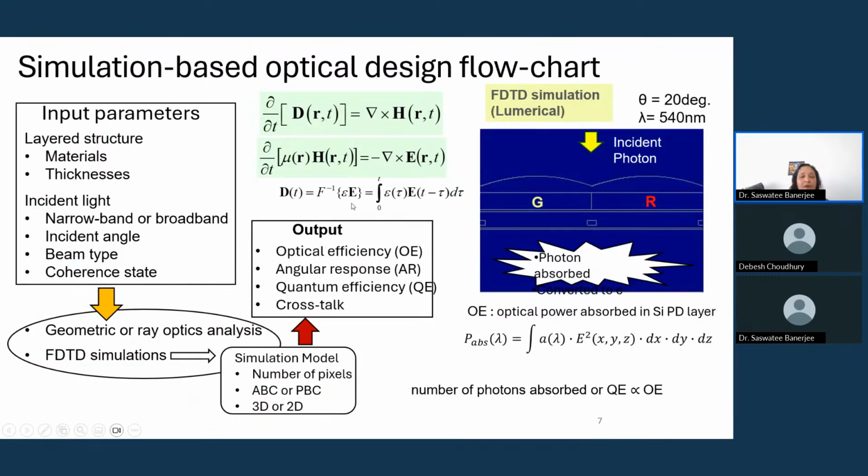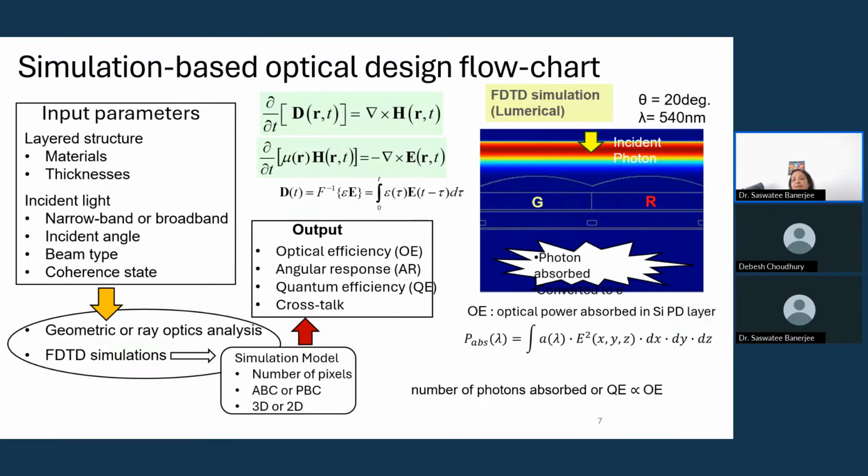Okay. So now the point is, this is where I will show you some amount of optical design, how we are doing it. Here I'm using a commercial, very popular software, just to show, because this is done in 3D. You can do it many ways, but this is where the power of FDTD is, I think.